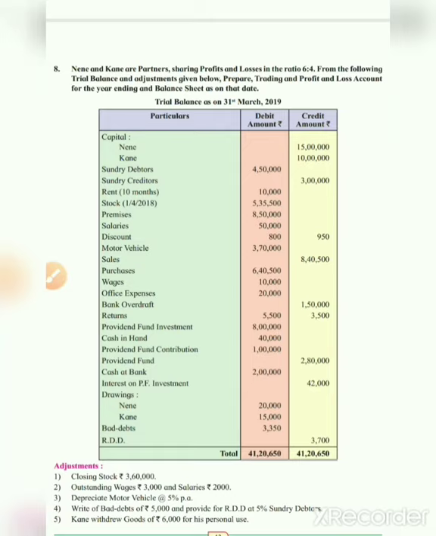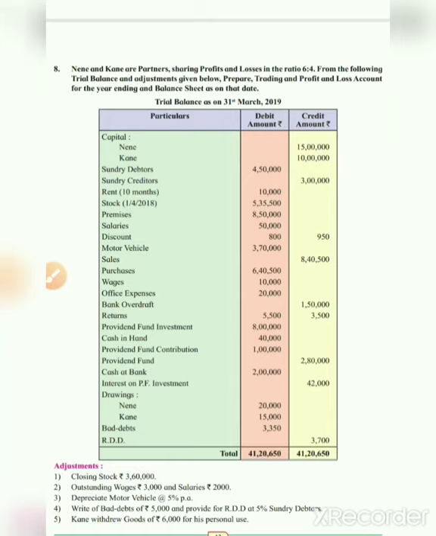Total amount 30,600. Now from this amount we will deduct our old RDD given to us in trial balance. So 30,600 minus 3,700. By this way, in this year, total loss on bad debts is 26,900. Then next adjustment.